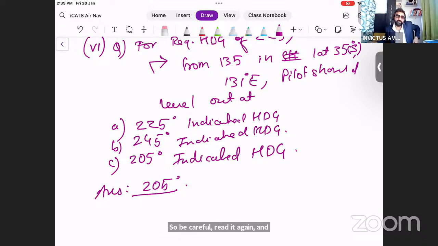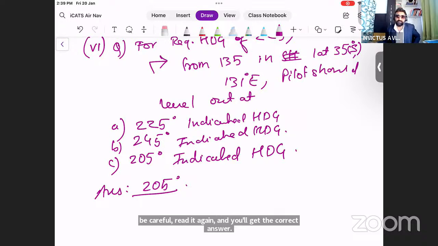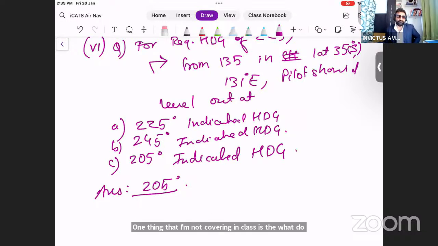One thing that I'm not covering in class is the, what do we say? The properties of a compass liquid. The properties of a compass liquid is a very small paragraph. Read it and add to your notes.